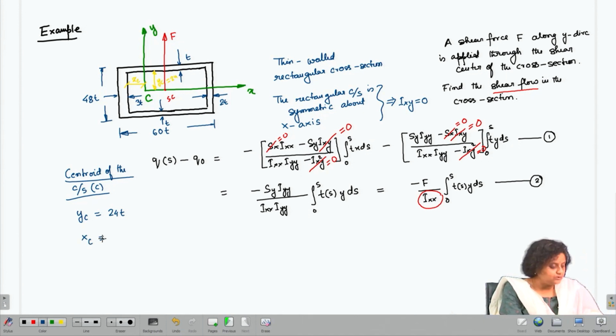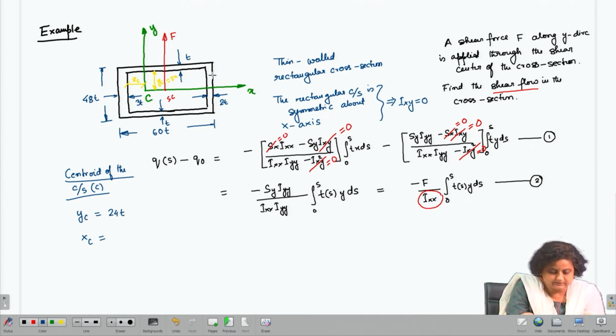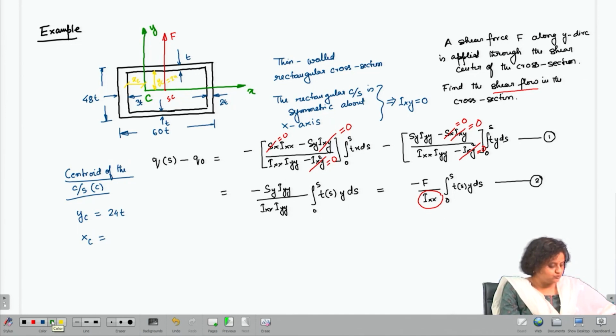So, if we calculate x c by the conventional method, let us try to find out what is x c. This will have no contribution to x c. Let me name the portions as 1, 2, 3 and 4, so that we can refer to them as and when we need to.